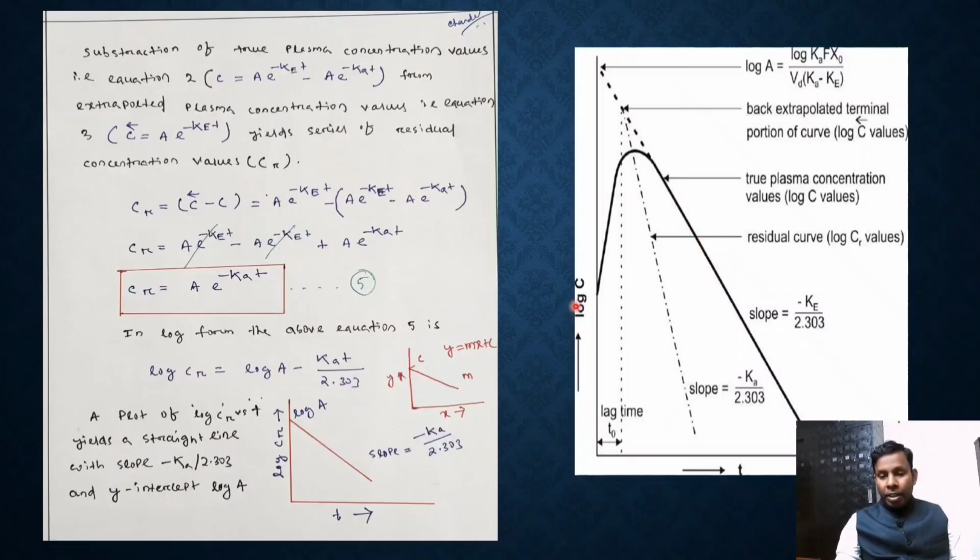In this graph, this is the residual curve, which we get by subtracting C back minus C. So this line's slope will be minus Ka by 2.303. These are the steps by which we will get Ka. Ka can be obtained from the slope of the residual curve. From this slope we will get Ka.